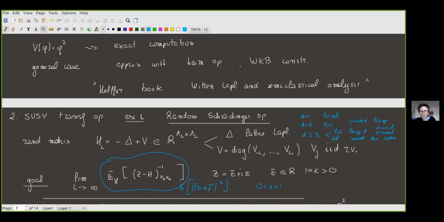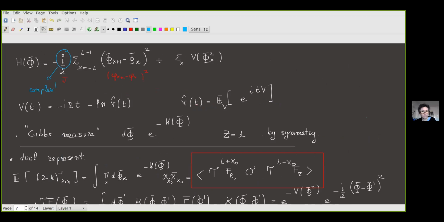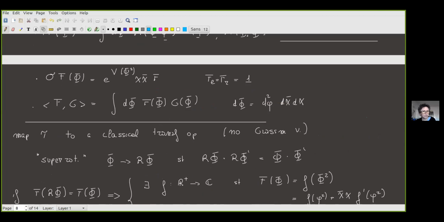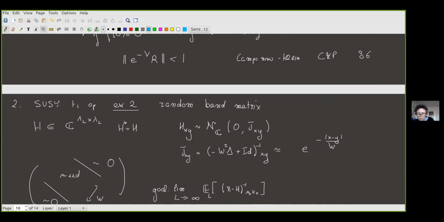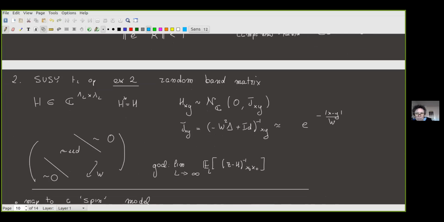In physics, it's common to say, well, we expect this or that. Making this rigorous is pretty hard, so there are only very few cases where you can actually make this rigorous. For band matrices, there are other tools to prove things. In dimension 1, let's say this is an n by n matrix.